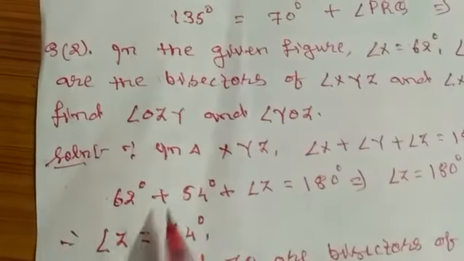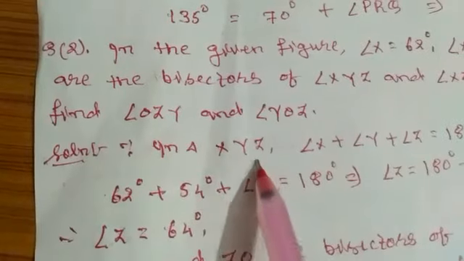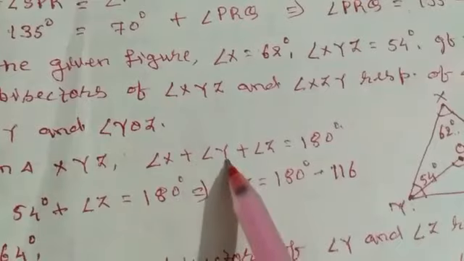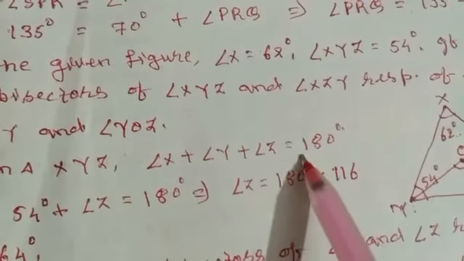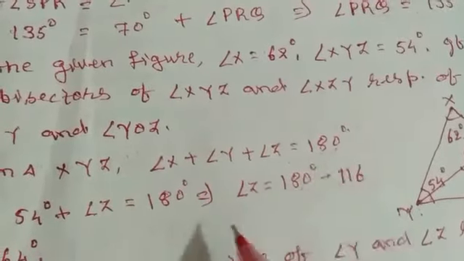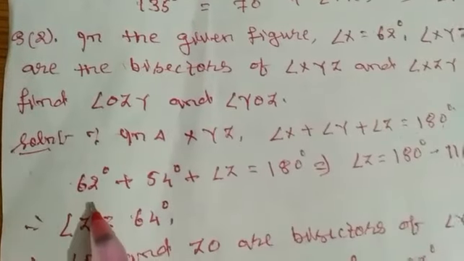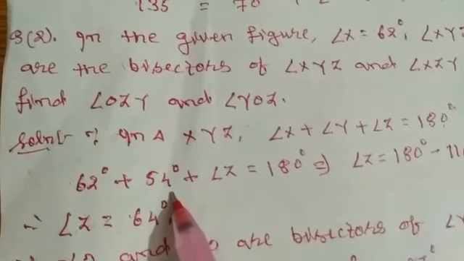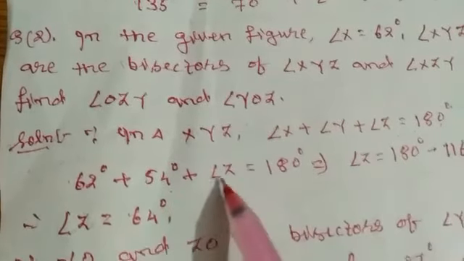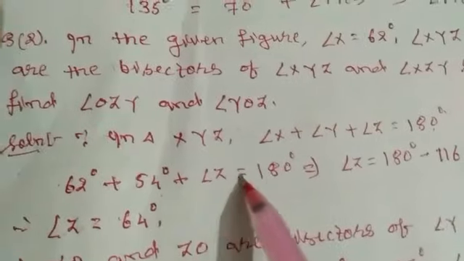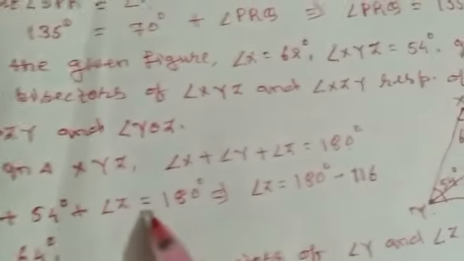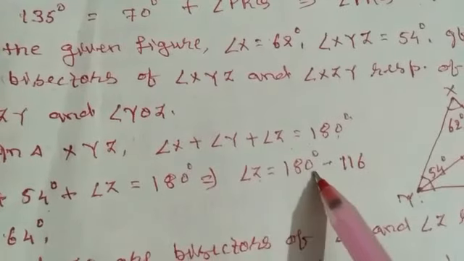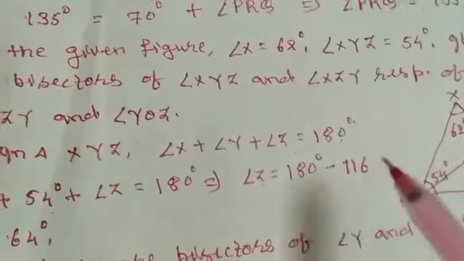So, in triangle XYZ, we have angle X plus angle Y plus angle Z equals to 180 degree. We have angle X equals to 62 degree given, plus angle Y equals to 54 degree given, and plus angle Z equals to 180 degree. On further solving it, we have angle Z equals to 180 degree minus 116 degree.